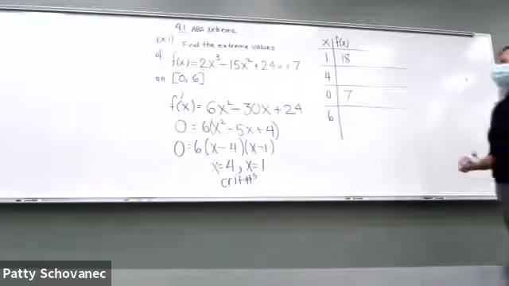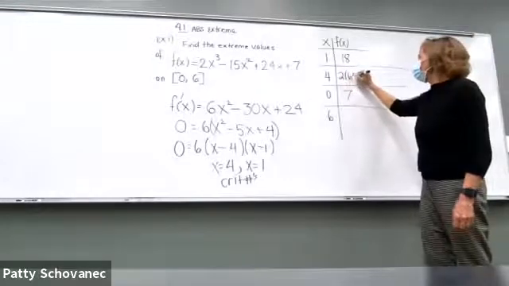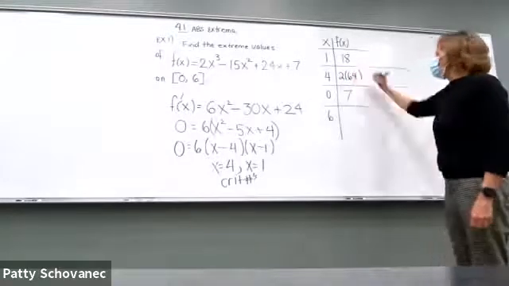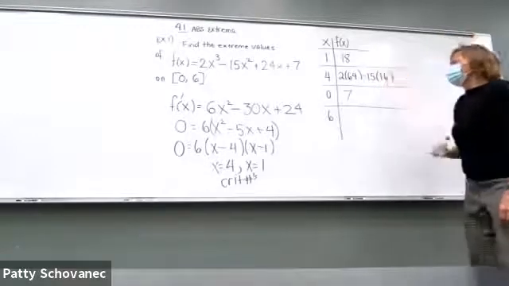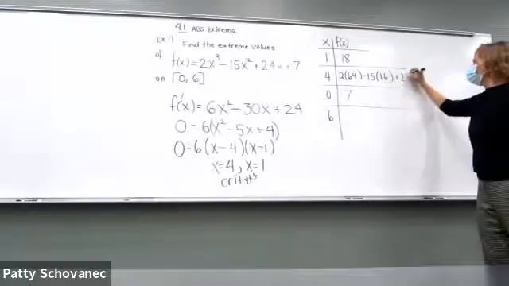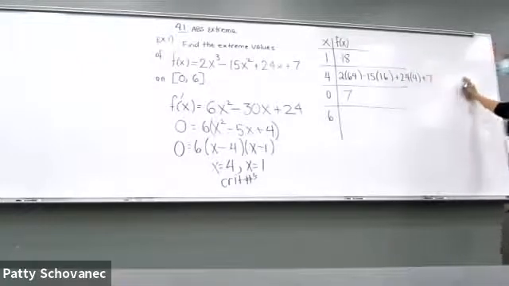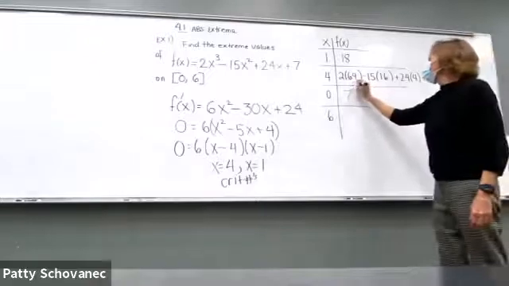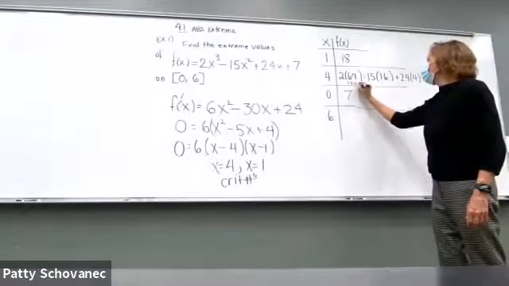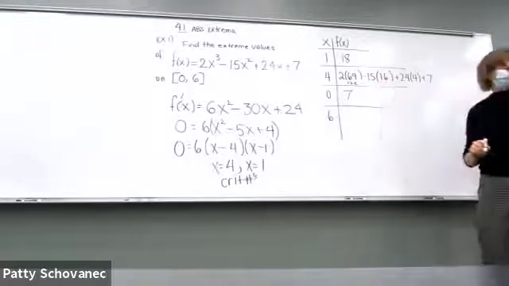Okay, let's see. 4 cubed is 64. So I have 2 times 64, minus 15 times 4 squared, which is 16, and I'll have to do 4 times 24, plus 7. Okie dokie. This will be 128. 15 times 15 is 225.